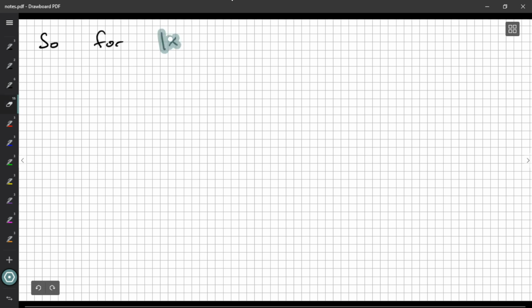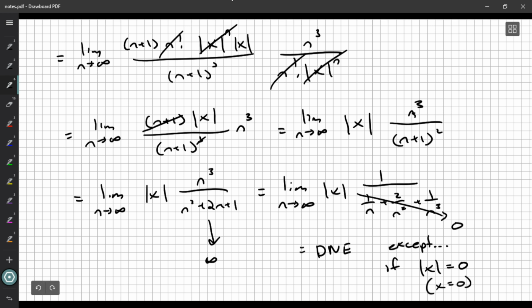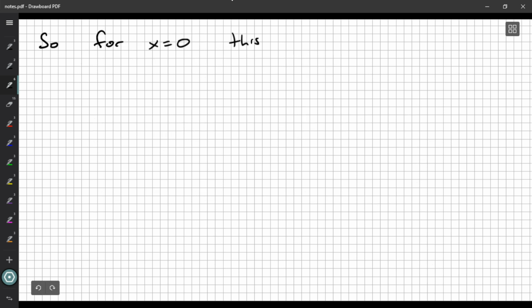Now we can be a bit more precise than does not exist, because I want the absolute ratio test to apply. So it actually tends to infinity, because the bottom is getting very, very small, and a constant number divided by a small number should get very, very big.